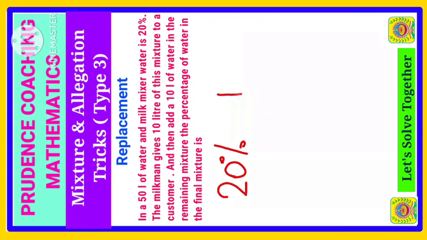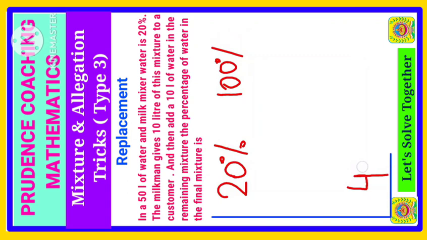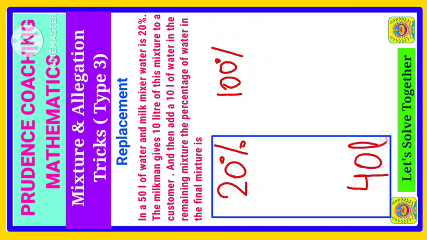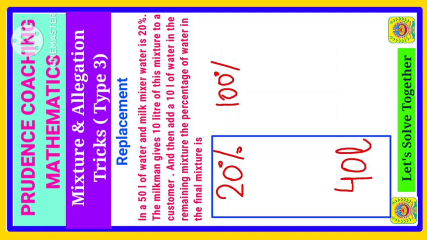So here water is added, that means 100% water is added. Next, when 10 liter was taken from 50 liter, that means when 40 liter was remaining, as something is taken out, the ratio is not going to change. So that time also the water was 20%. That means when the mixture was 40 liter, water is 20%. Now it is 100%.